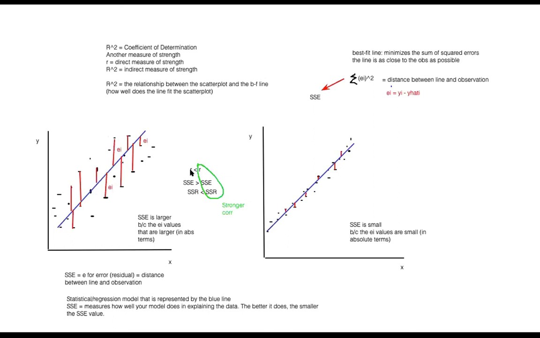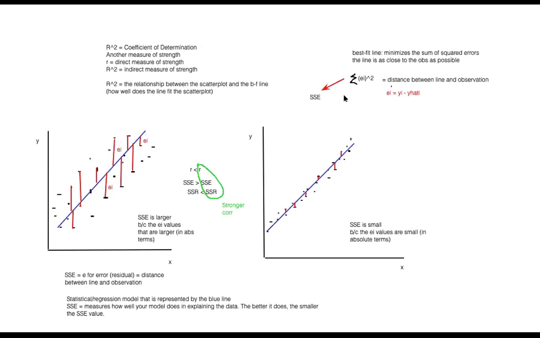Because R is a smaller, weaker correlation, closer to 0, your best fit line is farther away from the observations, meaning the error is larger. But that also means that your model doesn't do as good a job of explaining your dependent variable, precisely because your model with the X variable is farther away from your observations.